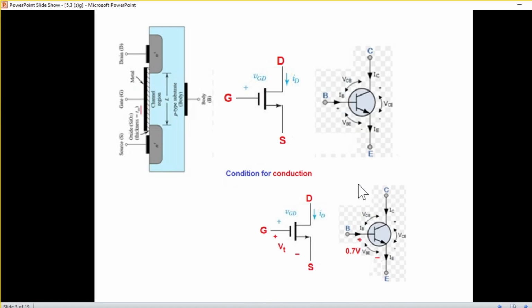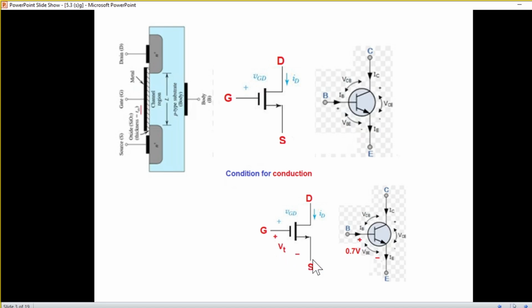First of all, let's establish the requirement for conduction. As we know, in case of a transistor, we need 0.7 volt for the transistor to conduct. Similarly, in case of a MOSFET, we need a voltage. This voltage is called threshold voltage, or VT or VTH.